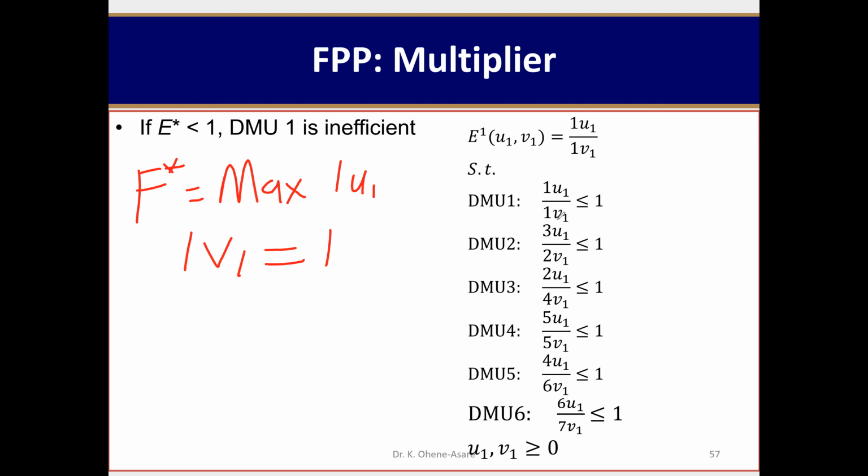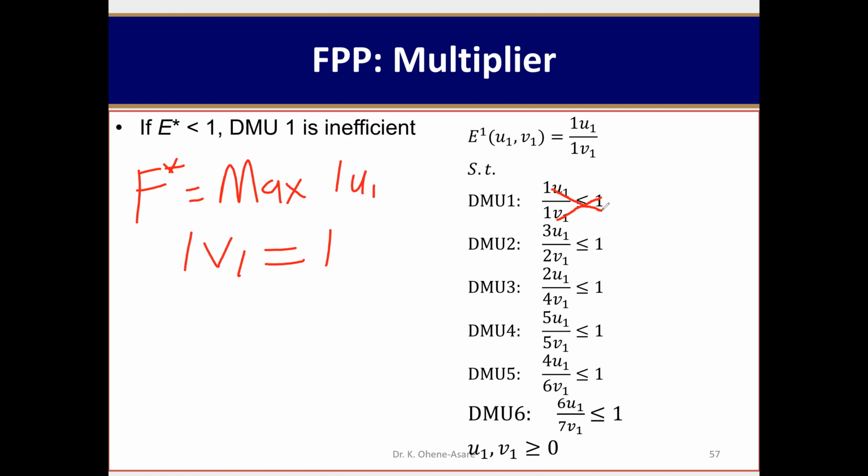Okay, so you cross multiply this and that, and then move everything to the left-hand side so that the right-hand side will have 0. But in the process of doing that, you will also change this inequality sign.